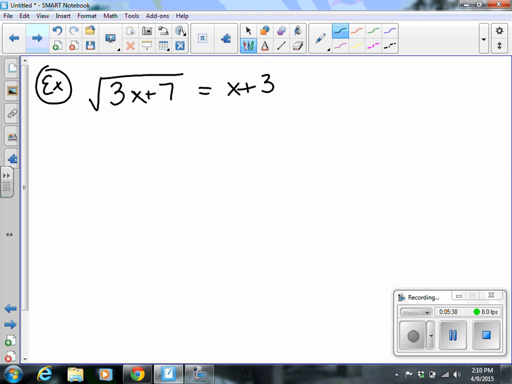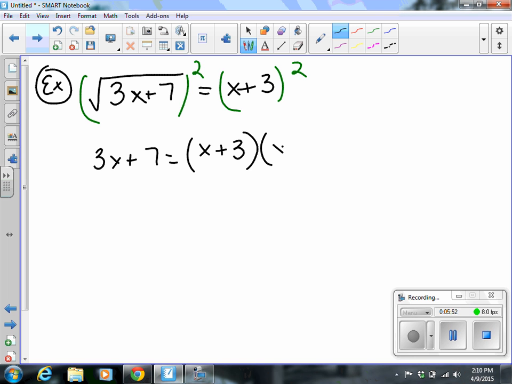Looking at this, I'm going to go ahead and square both sides. So I have 3x plus 7 equals, again, I'm going to list the x plus 3 twice, as I do not want to make that mistake again.